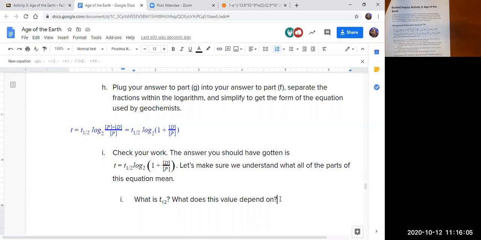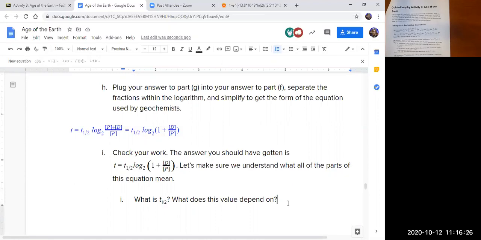It depends on the type of decay, exactly. So the half-life is a function of which pathway, which isotope you are looking at. But that's the only thing it depends on. So if a billion years ago, the half-life was the same.